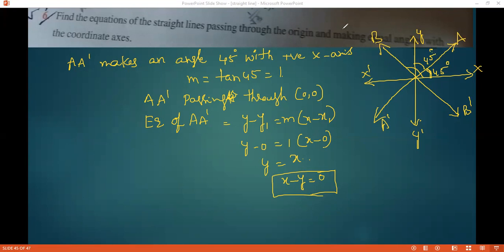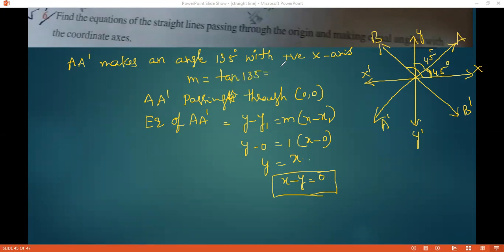Next, let us take the other one, BB dash. In this case, BB dash is making an angle of 135 degrees with the positive x-axis. So m is equal to tan 135.